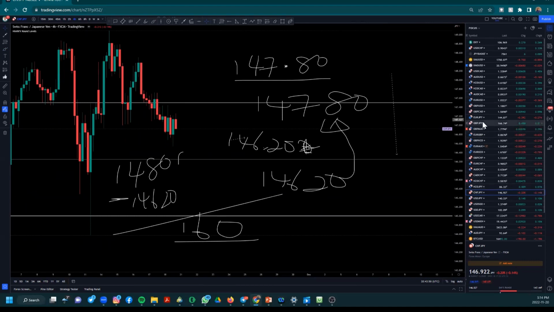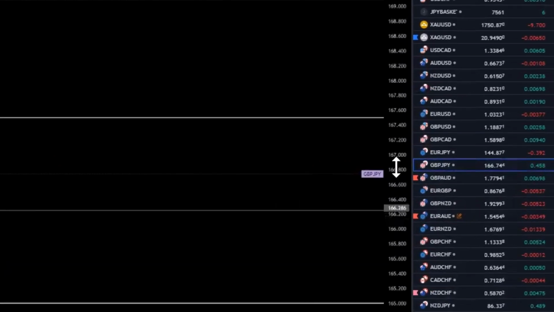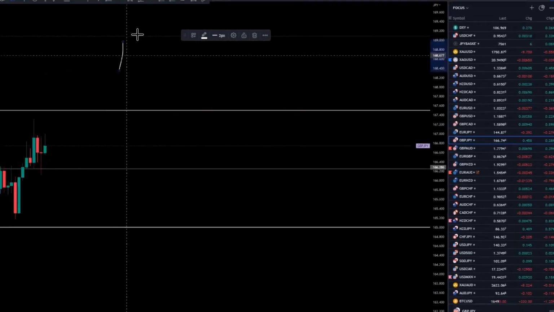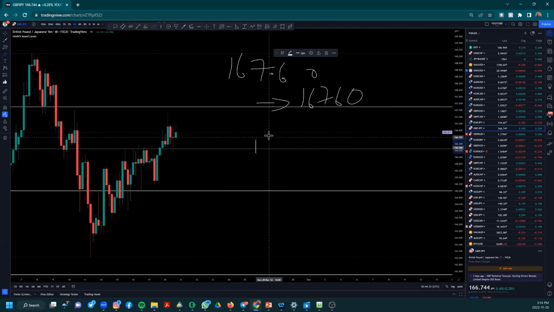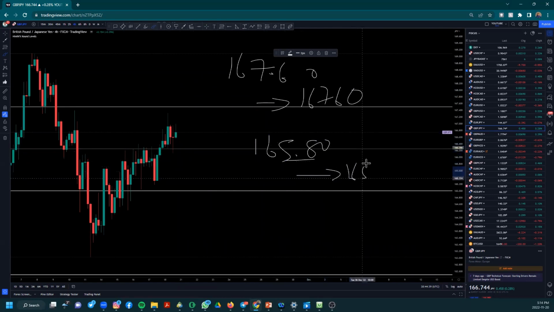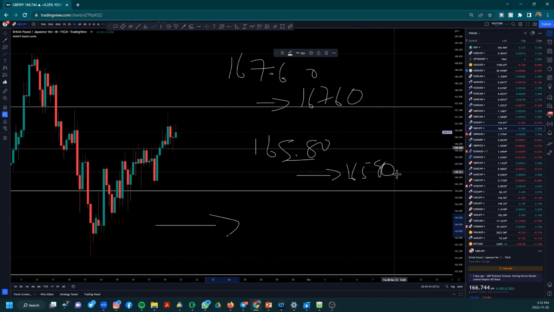So let's look at another JPY pair, which is GBP JPY. This also has 3 numbers before the decimal point. And as I said, you're only considering two figures after the decimal point. You're not considering the last value. So for instance, here we have 167.60. If it moves to, let's say, 165.80, you take the decimal point away, and then you subtract this value from this value.